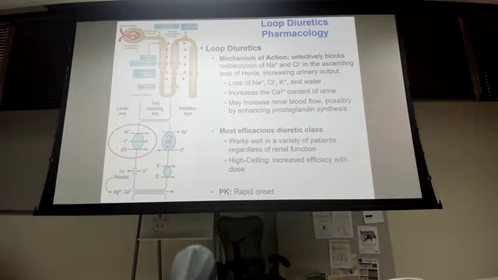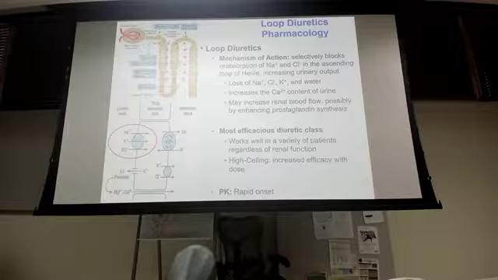When do you use it? Two slides ago. You can use this loop when you need a loop diuretic but you have that controversial labeling, sulfa allergy. Remember? You've got a sulfa problem, you need a strong diuretic on board, ethacrynic acid is the one you're going to pull out.